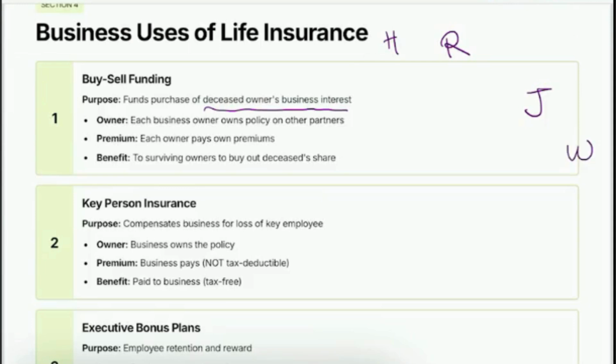Jonathan and I own the business together. If something happened to one of us, our interest in the business, our 50% ownership, immediately goes to our family, our survivors, right? So if something happened to me, my husband would be 50% owner of the business.